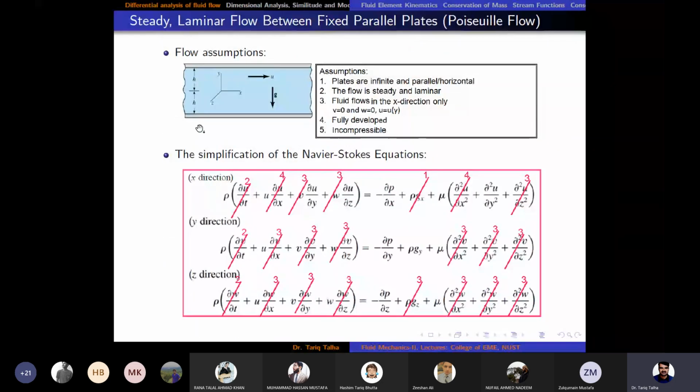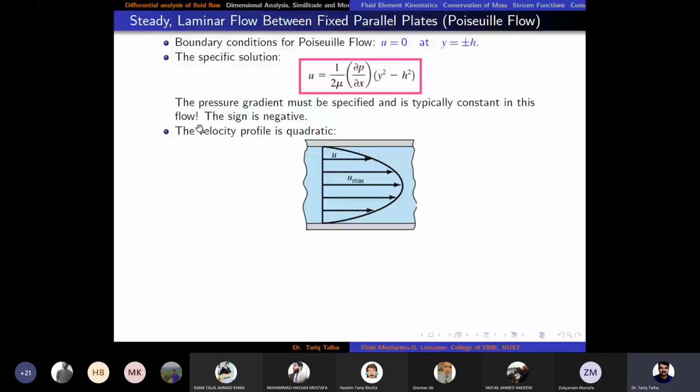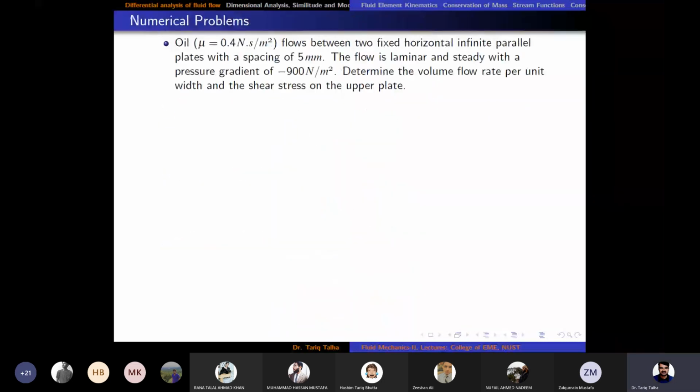So 2h is equal to 5 mm in this numerical, and the flow is laminar and steady with a pressure gradient of minus 900 Newton per meter square. Determine the volume flow rate per unit width and the shear stress on the upper plate.